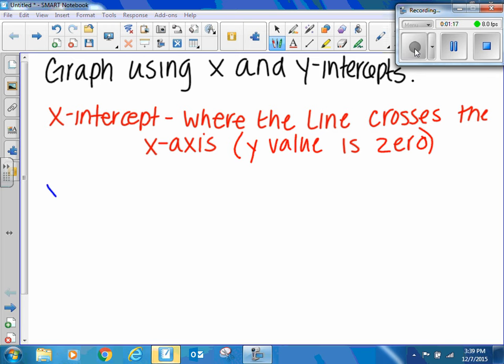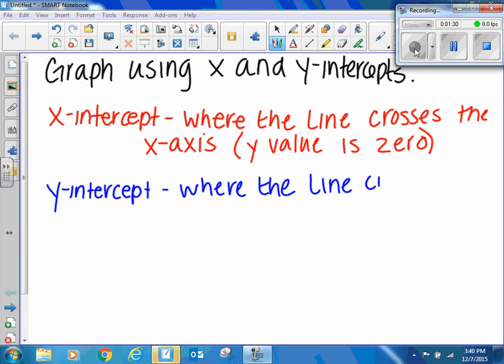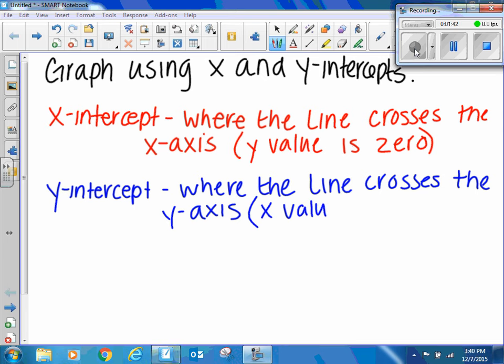Similarly, when we look at the y-intercept, this is where the line crosses the y-axis. And where we cross the y-axis, our x value is 0.